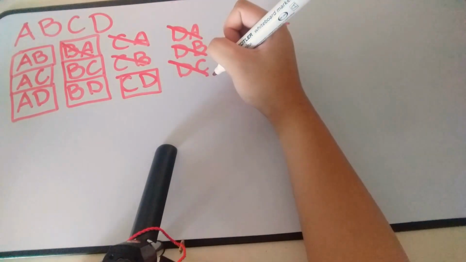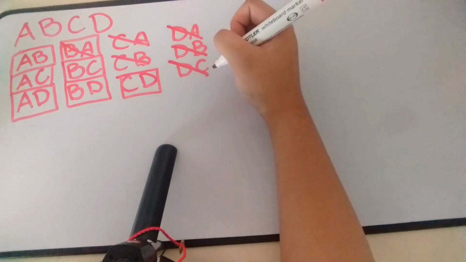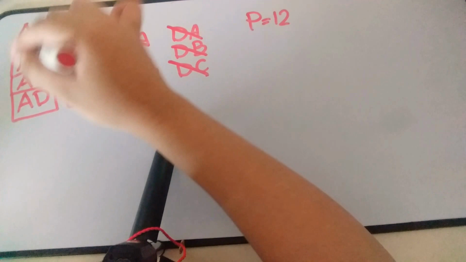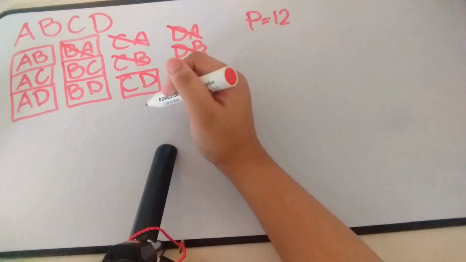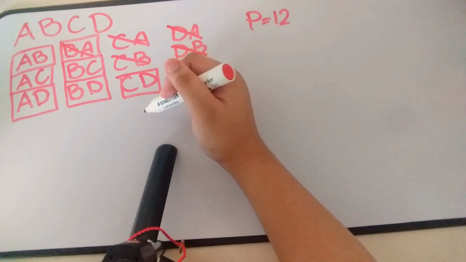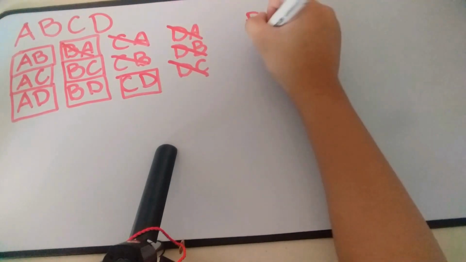So notice that the number of combinations is equal to 6. 1, 2, 3, 4, 5, 6. So now you can clearly see the difference between a permutation and a combination.